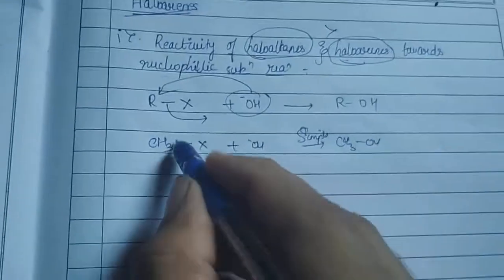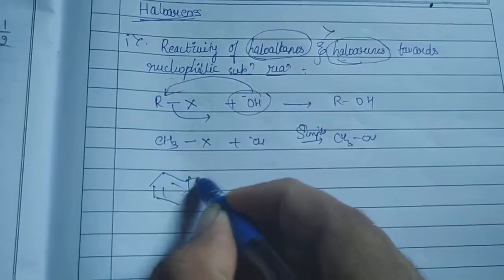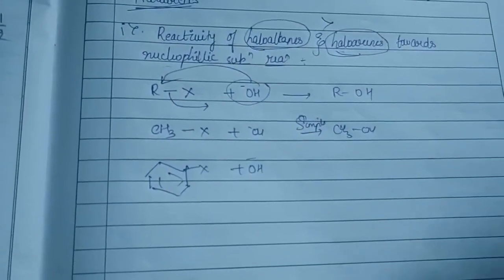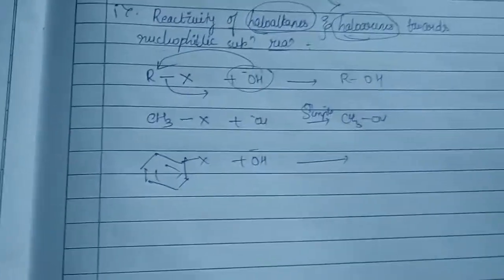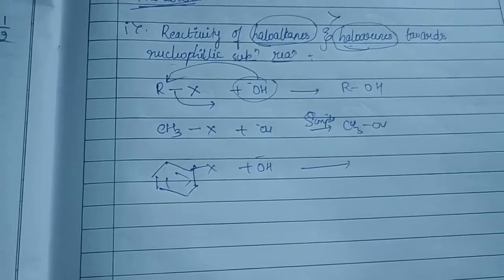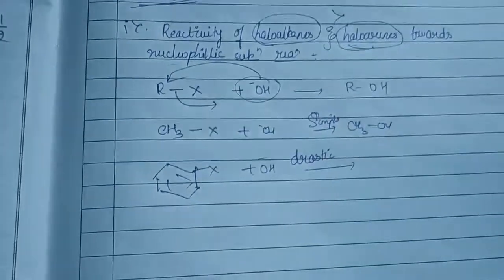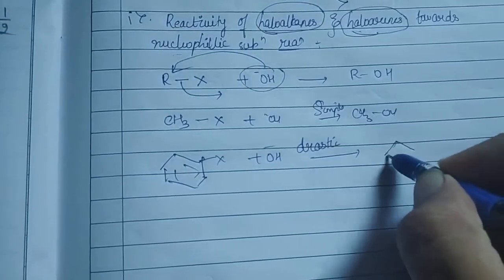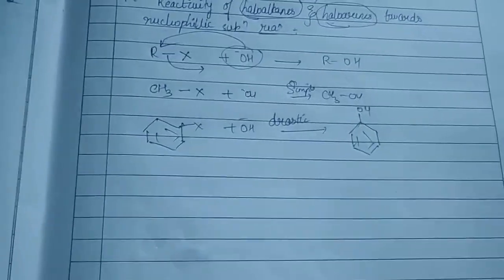But when we are taking the same R group as that of your benzene ring, and doing this nucleophilic substitution reaction, in normal conditions we are not getting our phenol. Only when we maintain drastic conditions, that is very high temperature and very high pressure, can we obtain our nucleophilic substituted product.